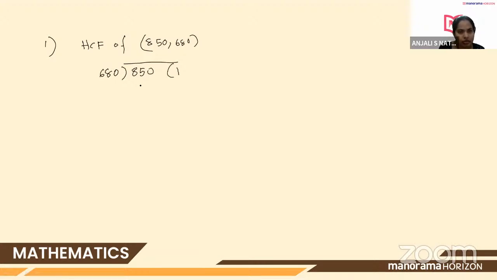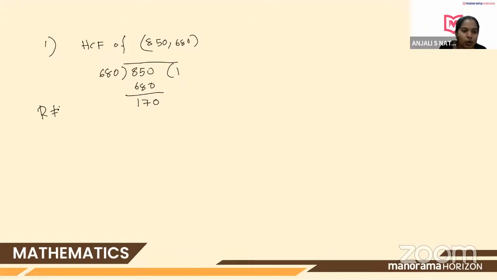You should take 680 into 1, because 680 into 2 exceeds 850. That's why I take 680 into 1 is equal to 680, and subtracting we get 170, which is not equal to 0. If the remainder is equal to 0, then you can stop there.